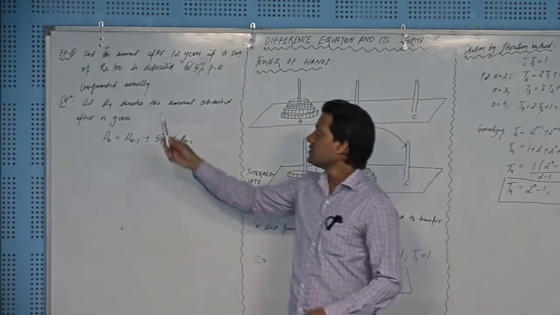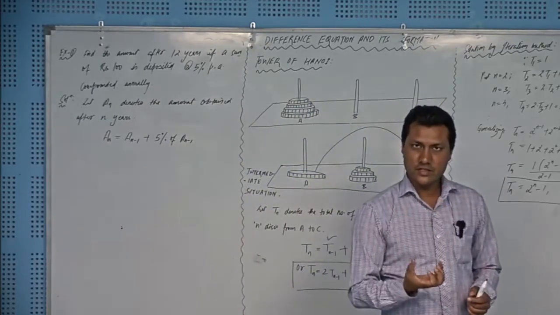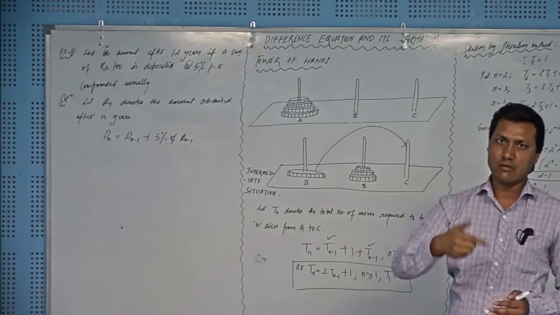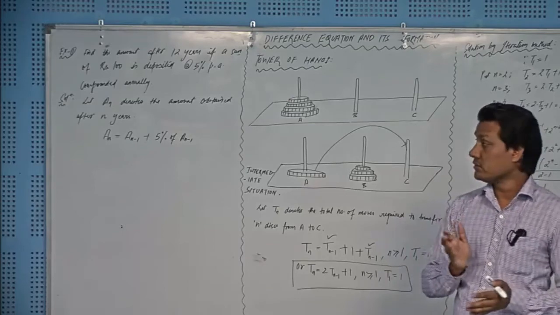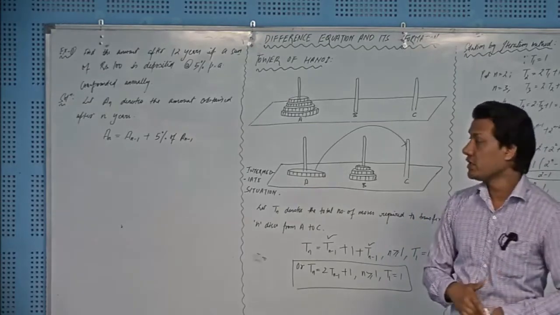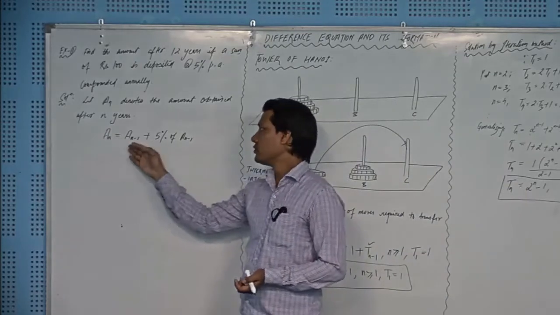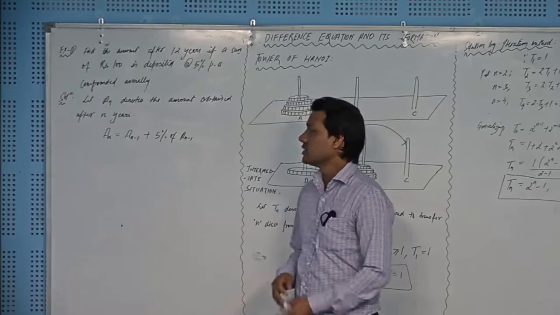So after 12 years, the amount obtained after the 11th year will be treated as a principal for the 12th year, and that 5% calculation will be done on that principal, and that will be added to the 11th year amount, and that will give you the amount after the 12th year, right? So this is the kind of rule that the bank uses to calculate the amount, right?